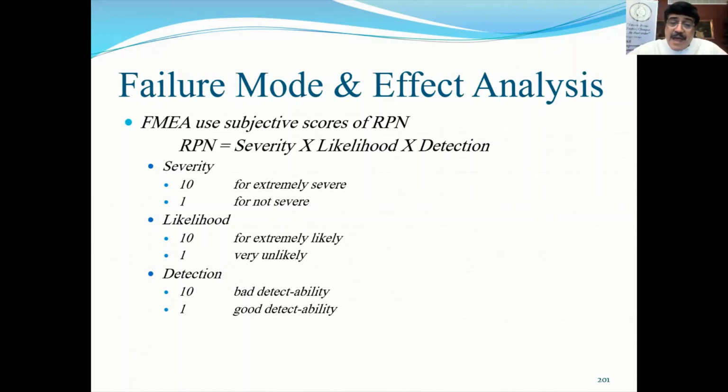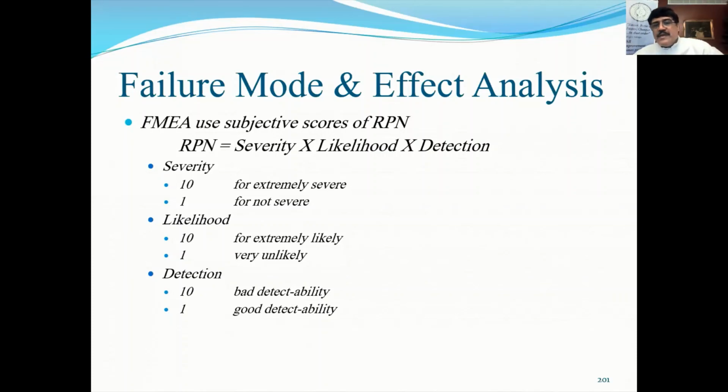Plus detection: can I detect the problem before it happens? If it's bad detectability, you give it a 10. If it's good detectability, that means low risk because you can see it, so you give it 1.